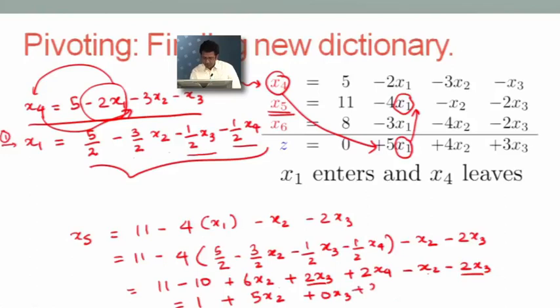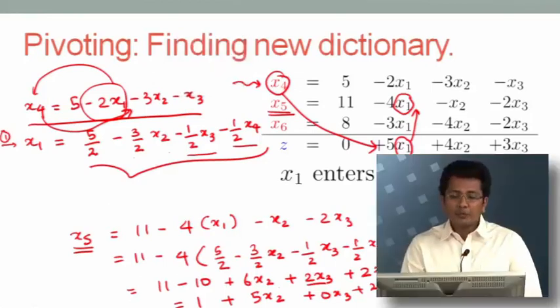Oh, plus 2x4. Okay, so this becomes the new value for the row x5, 1 plus 5x2 plus 0x3 plus 2x4. So I'm just rewriting using the problem data.